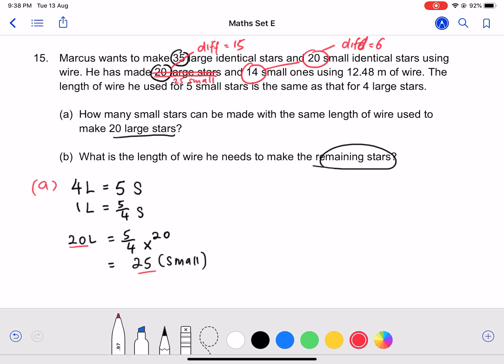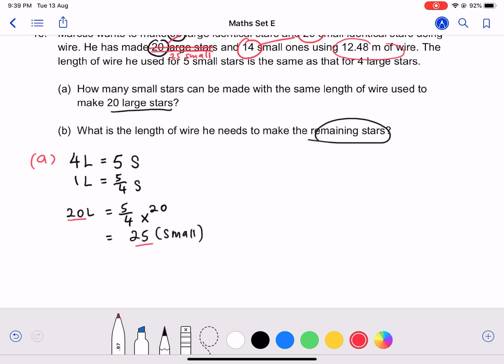So I reread the sentence. He made 25 small and 14 small using this meter. Okay, so the wonderful thing about substitution is now all are small. 25 plus 14 equals 39. These are all the small stars.